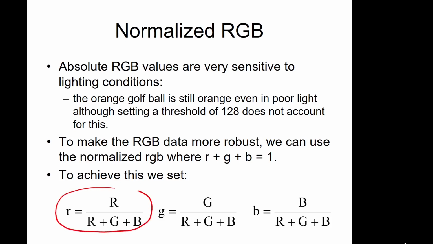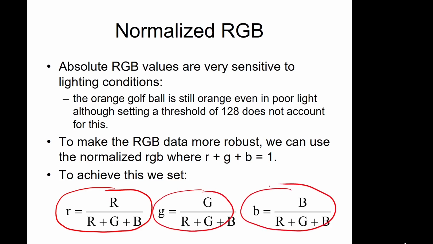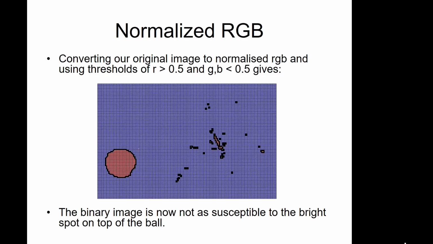Our normalized red value is just the red component over all of the components summed together. Similarly for green and similarly for blue. And if we do that calculation and then replot our binary image, you see it actually is picking up the orange a lot better and eliminating some more of the noise.